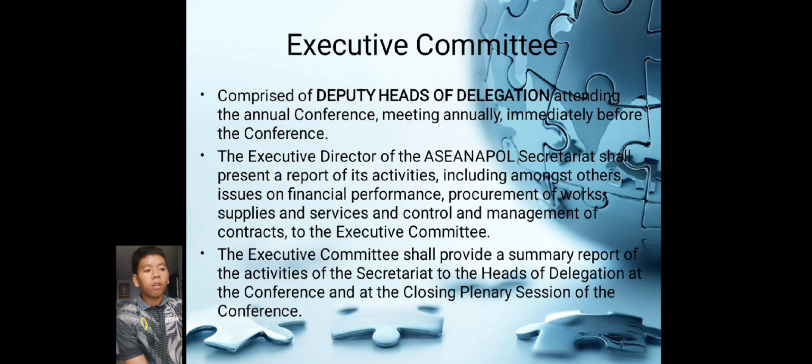A summary report of the activities of the Secretariat shall be provided to the heads of delegation and the conference at the closing plenary session of the conference.